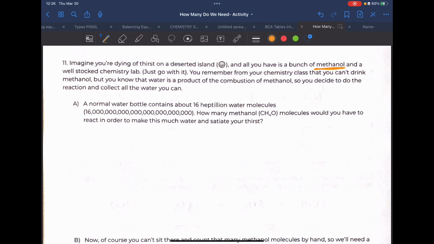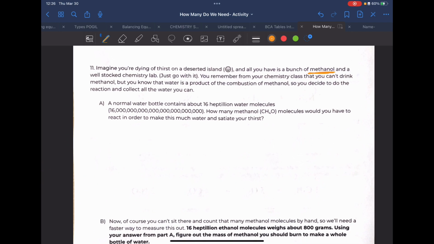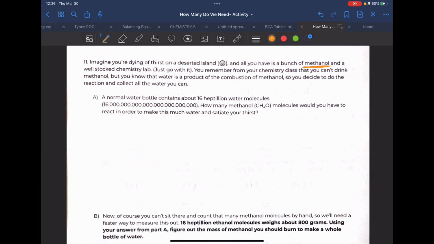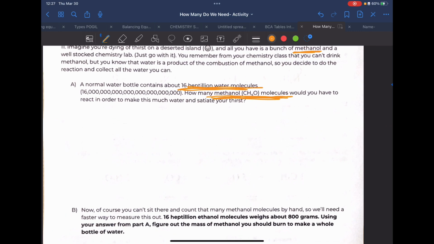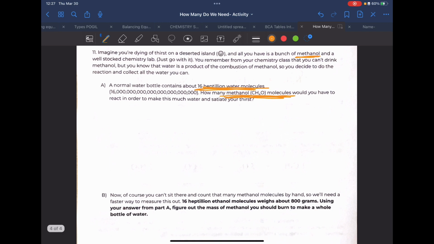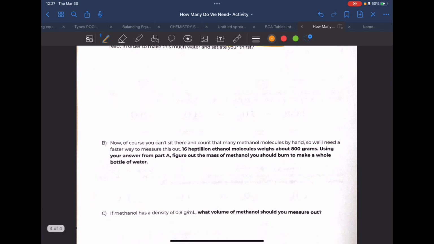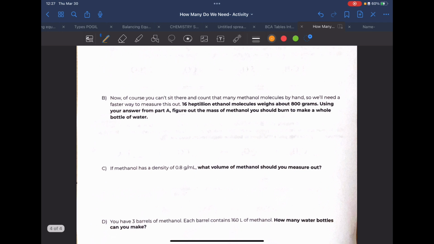So you need to write the combustion equation for methanol and then figure out how many methanol molecules we have to burn in order to make this many water molecules, right? So it's a huge number. And it's kind of fun, I think. And there's some questions about the mass of so many methanol molecules.